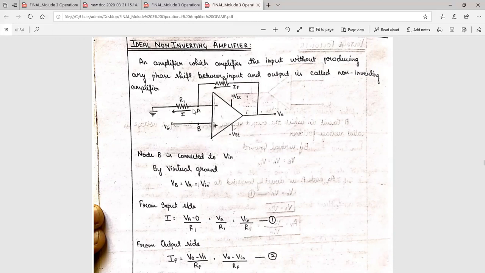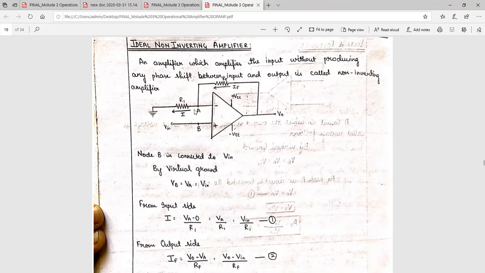And if you observe the directions of the current, since there is no input current, whatever current is flowing in the circuit is constituted from the output side. So IF is moving from V0 to VA, and that current cannot enter the op-amp because of high input resistance.